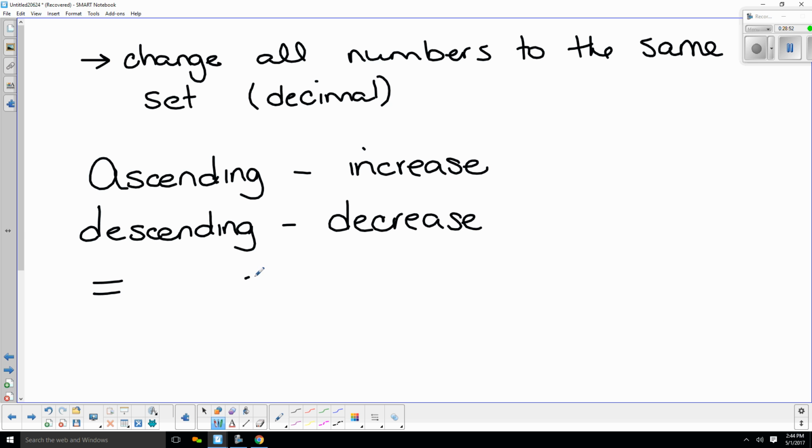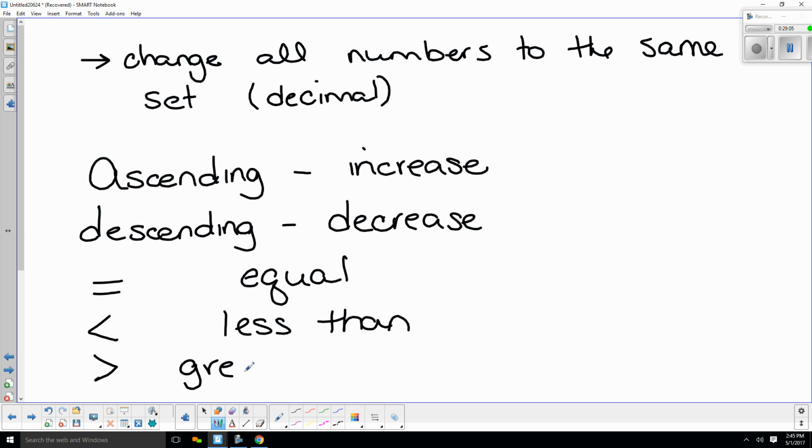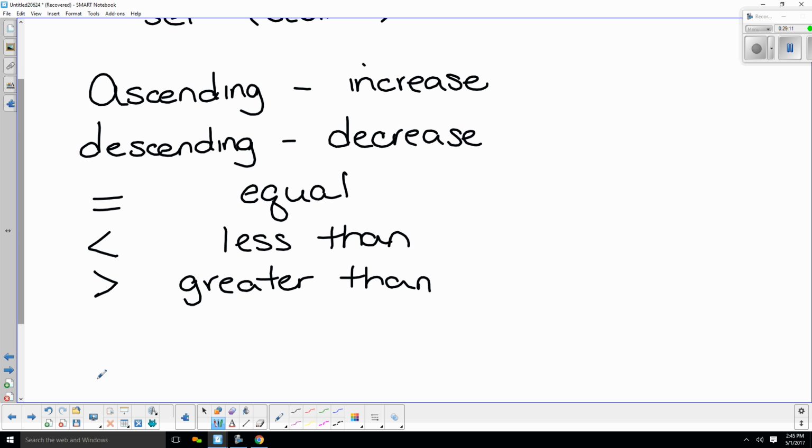That sign means equal. That means less than. Greater than. And you have that, which means not equal.